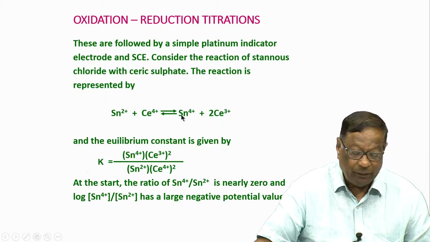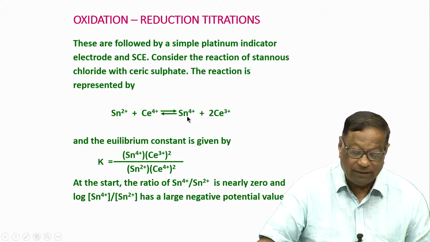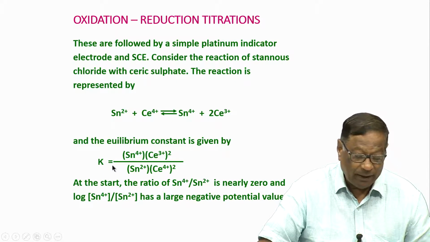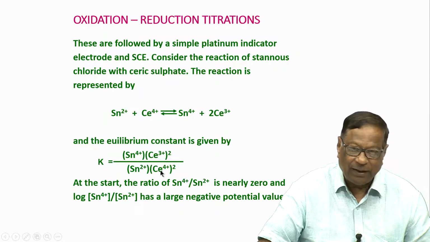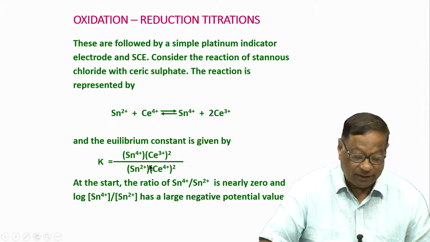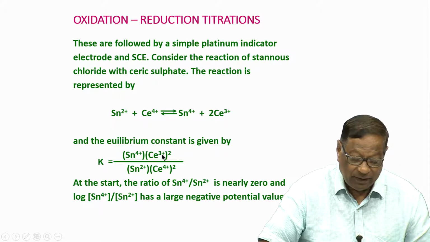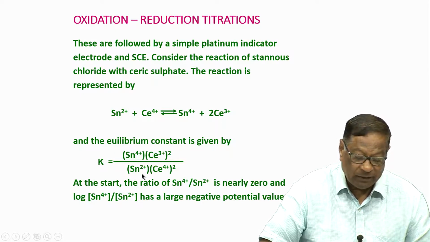The equilibrium constant for this reaction is given by K equal to products divided by reactants, that is, Sn4+ times Ce3+ whole square, divided by Sn2+ multiplied by Ce4+ whole square.